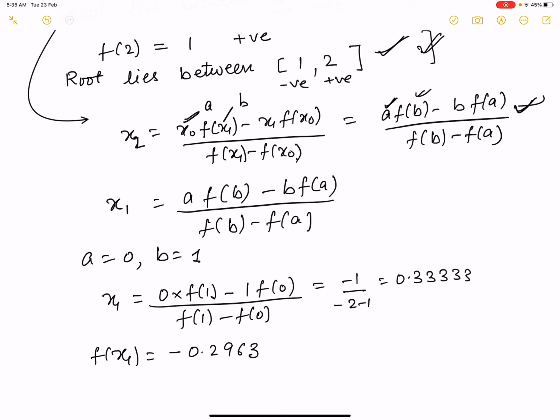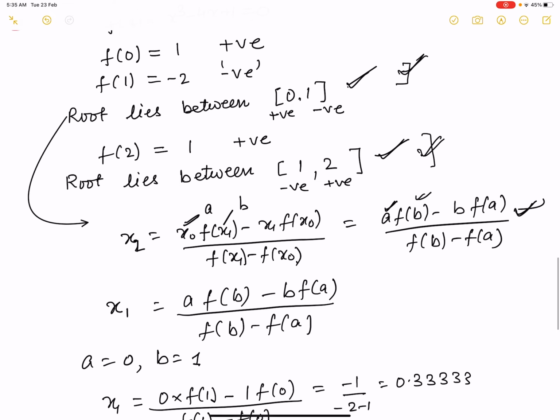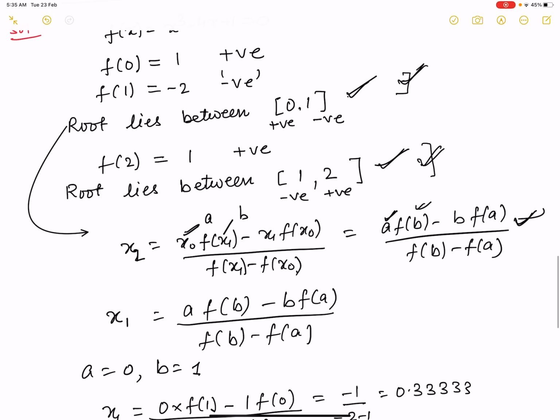Now students, we are moving to the second iteration, and the root lies between f(0), which at 0 is positive, and at 1 is negative, so we'll change this.